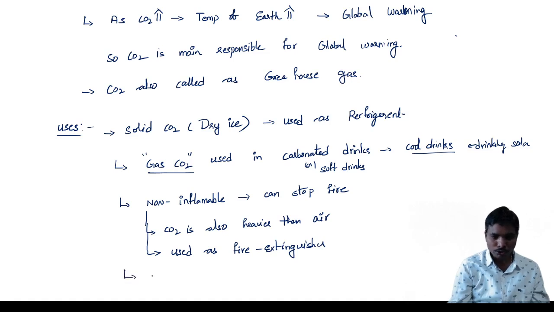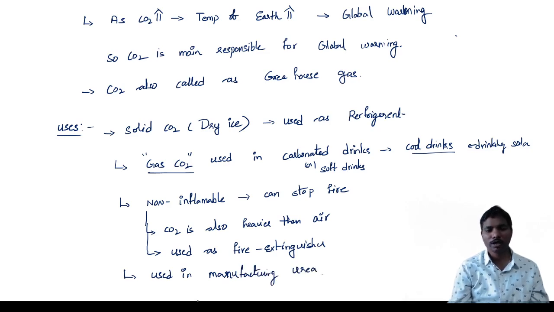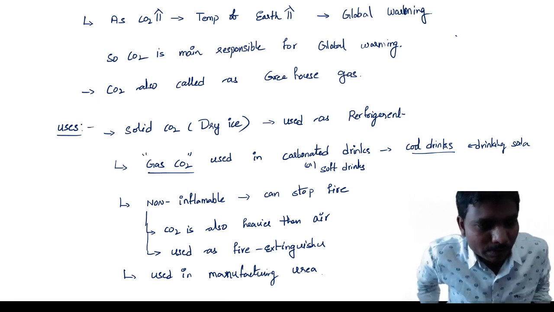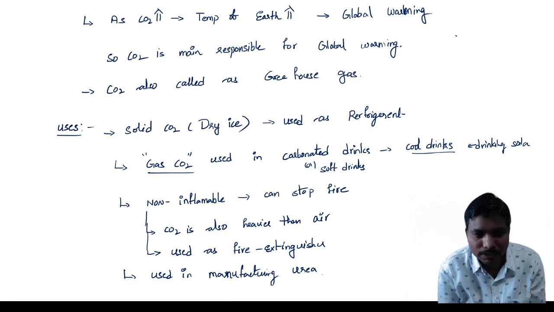And it is also used in the manufacturing of urea. In urea we also have CO2. So all these are very important points belonging to carbon dioxide.